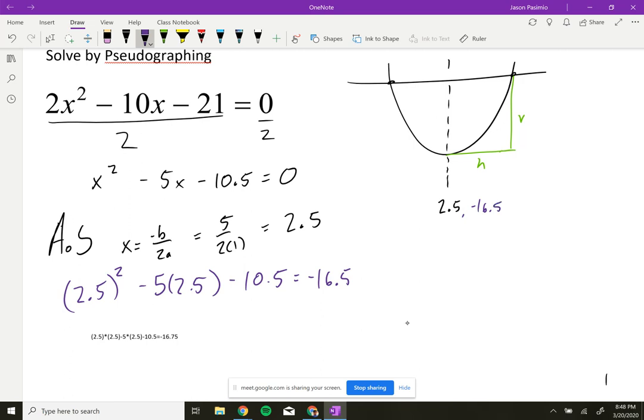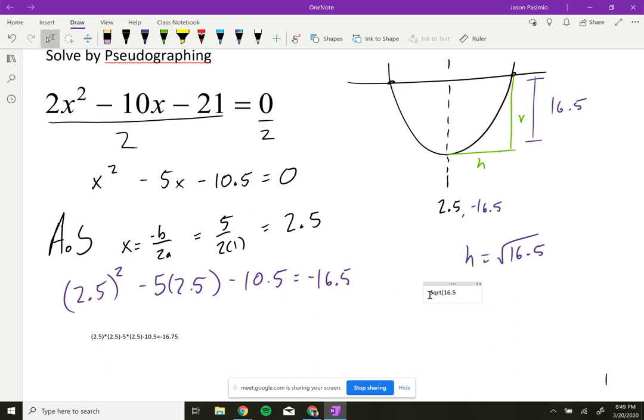So that means that I have to go up right here. This vertical distance is 16.5. And we remember that the horizontal distance is the square root of the vertical distance. So h is equal to the square root of 16.5. So let's see if Miss Cheney's trick works here.